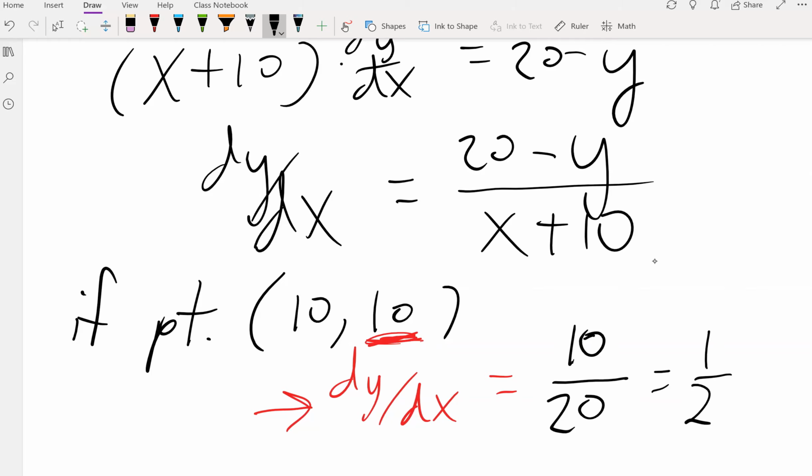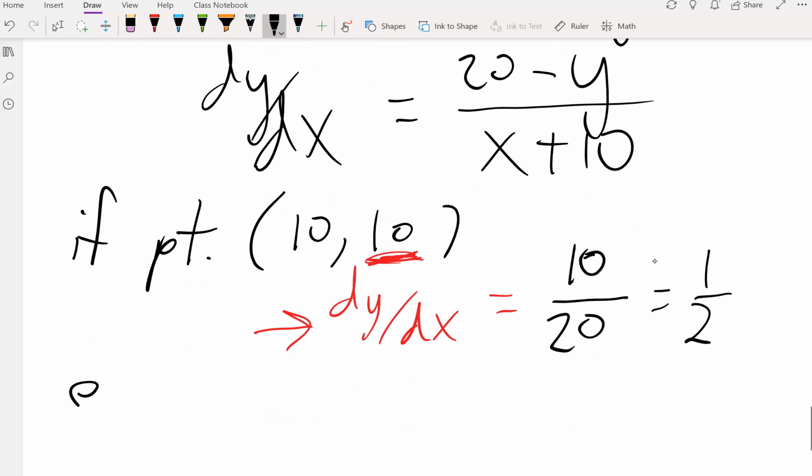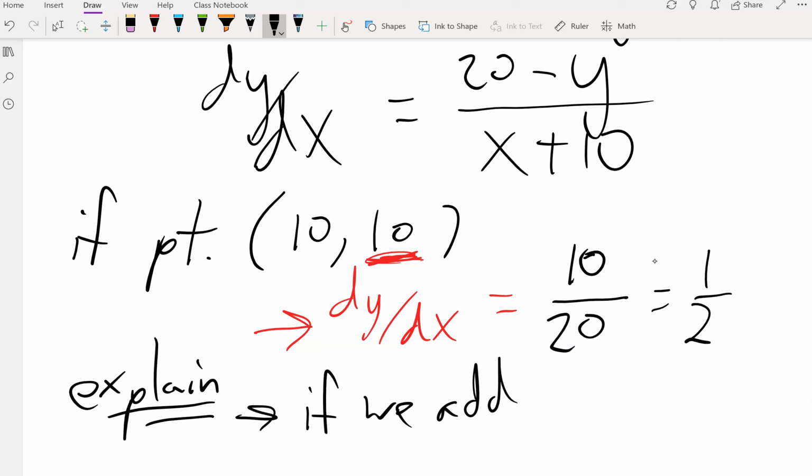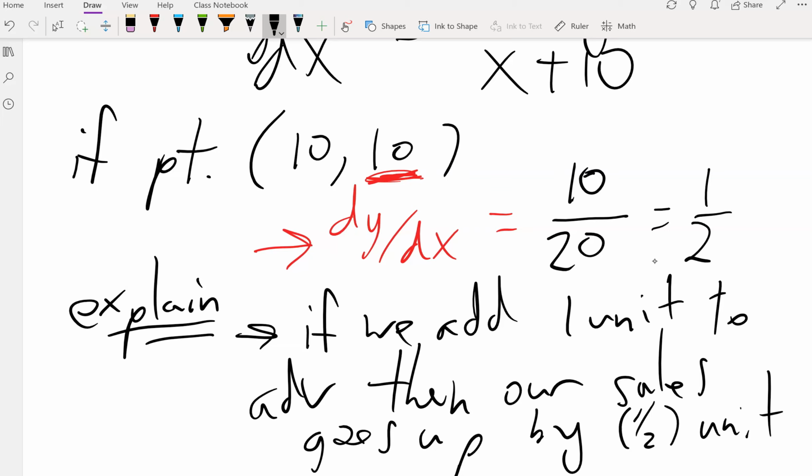So what I can explain now is if we add 1 unit to advertising, then our sales go up by a half unit. Or another way to put it, for every $2 you put into advertising, you get an extra unit of sales. That's the other way to put it.